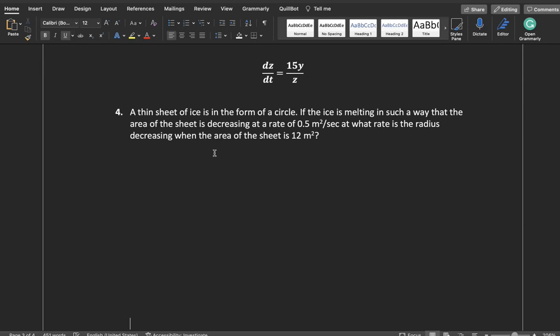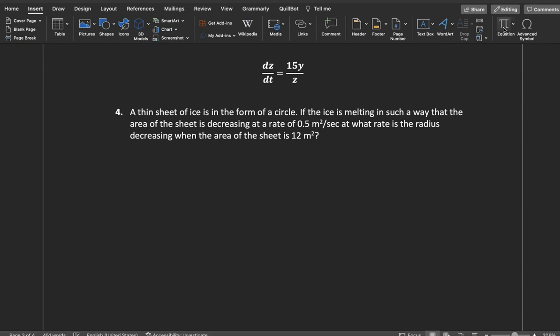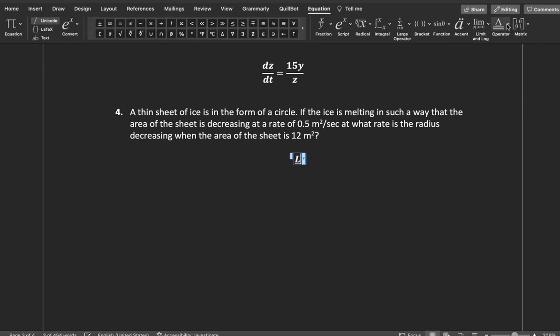Now, two things here. So first, let's represent the area of the circle with A, right?